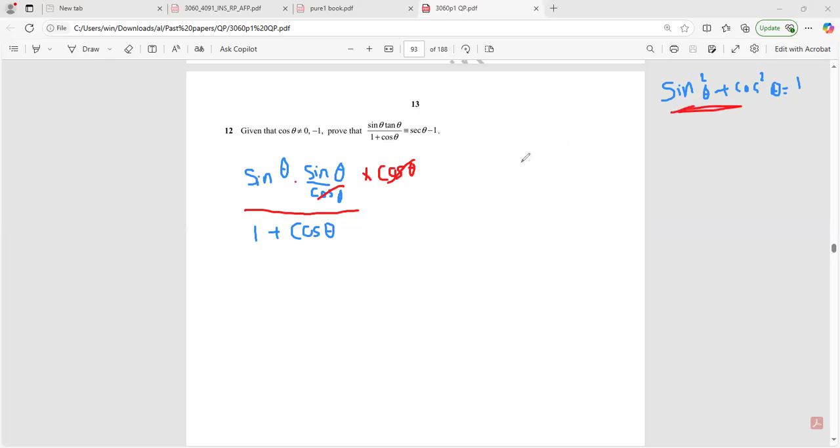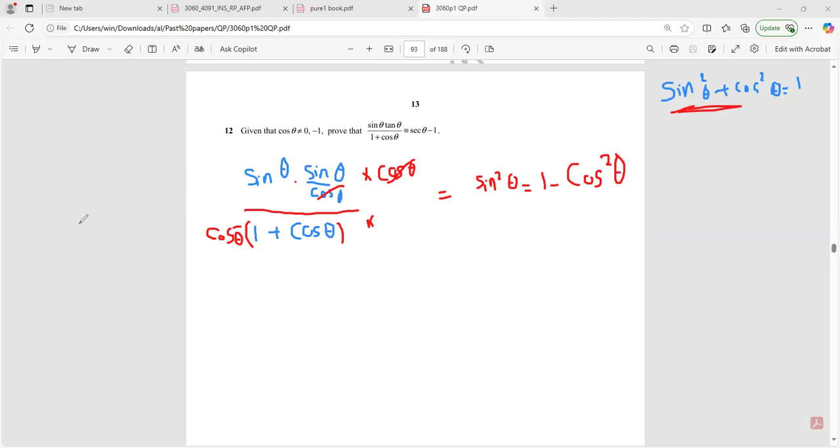I do it in the numerator and I do it in the denominator. So here we have sine squared theta, which equals 1 minus cosine squared theta. That's for the numerator.